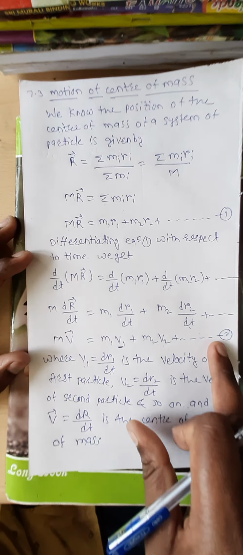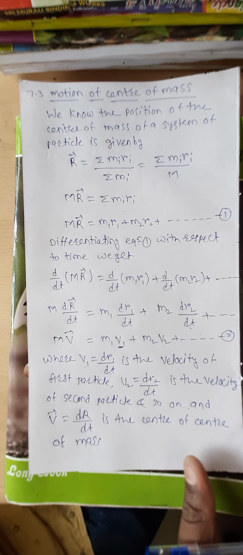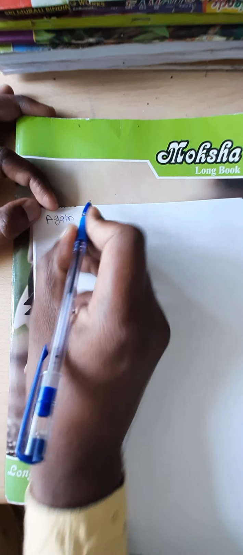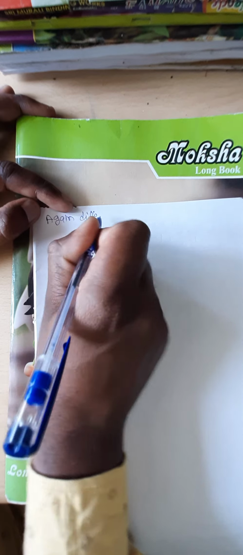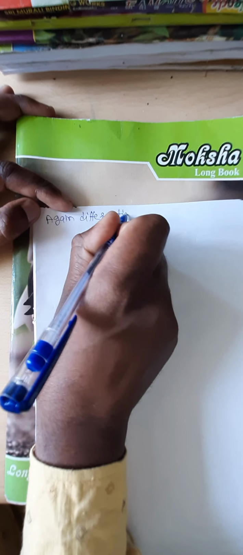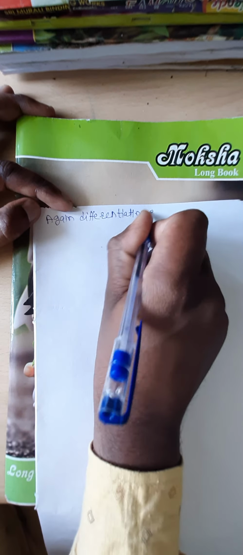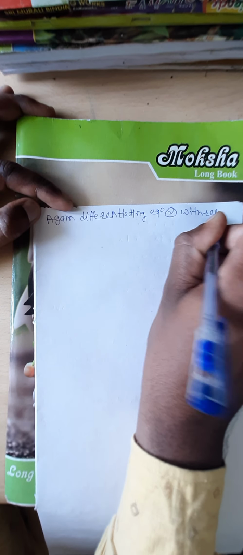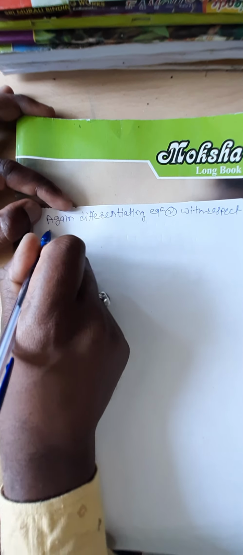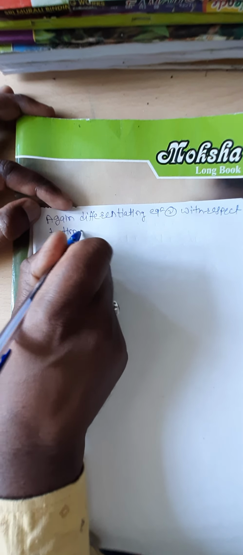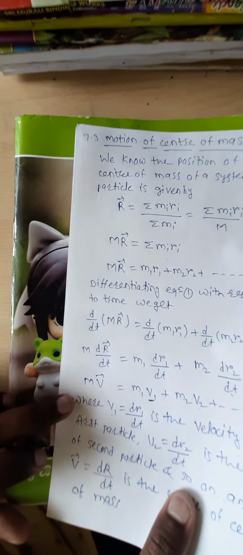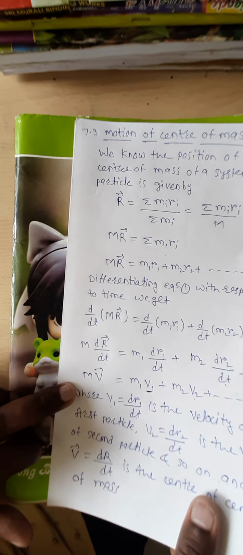Now again we have to differentiate equation 2 with respect to time. Again differentiating equation 2 with respect to time, we get: again we have to differentiate this equation with respect to t.